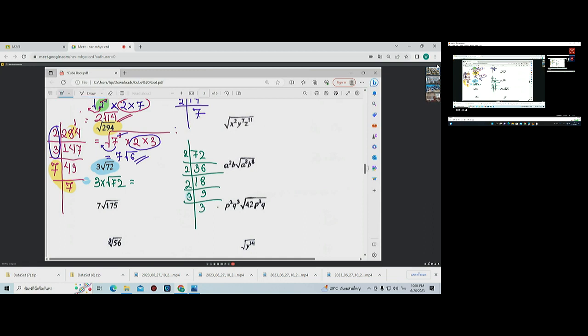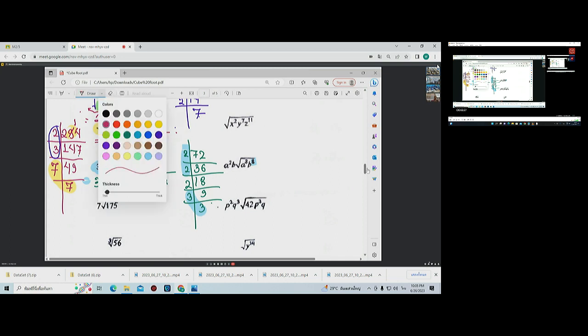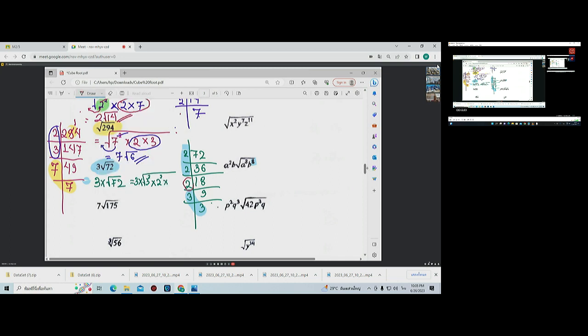3 square, right? So you can write 3 square times another square. Do you see another square? 2 square, right? So you can write 2 square times, but you do not have a square for this.